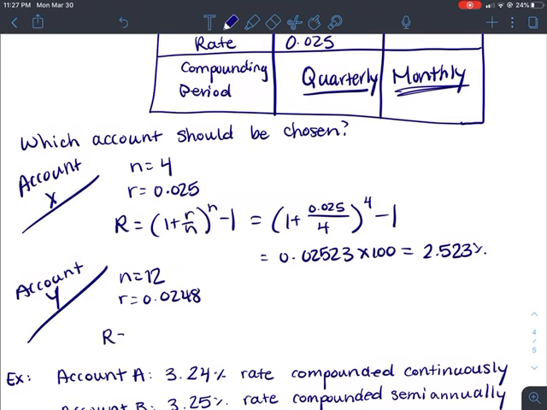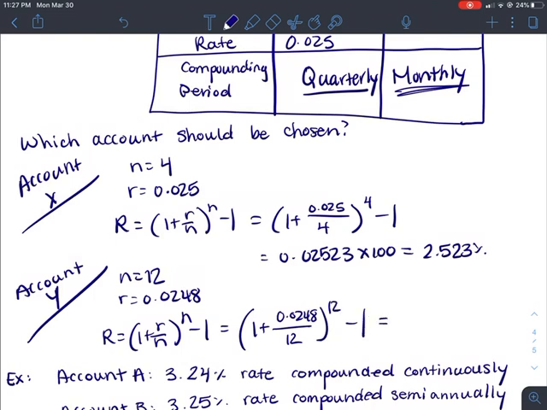So I get R equals (1 plus r over n) raised to the n power minus 1, which gives me 1 plus 0.0248 over 12 raised to the 12th power minus 1, which gives me a value of 0.02508, times 100 gives me 2.508%.